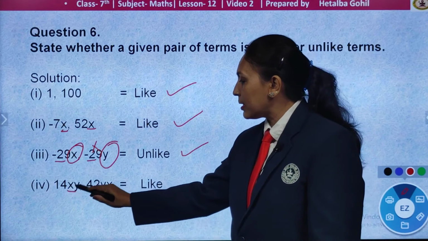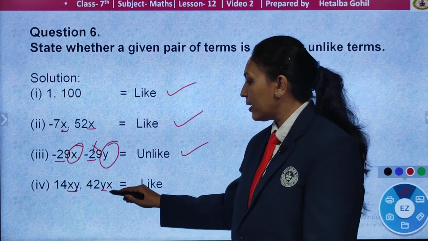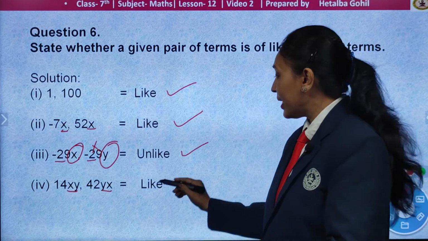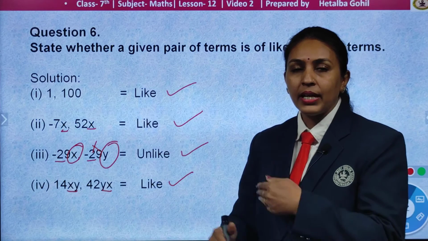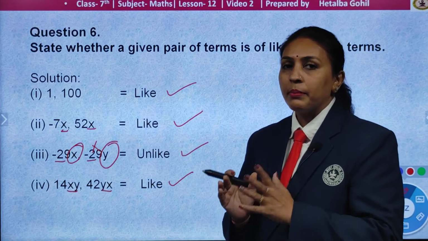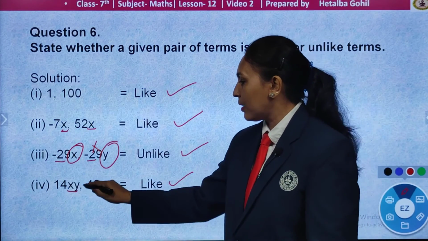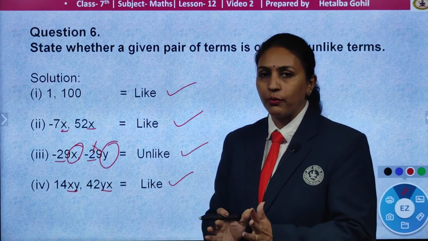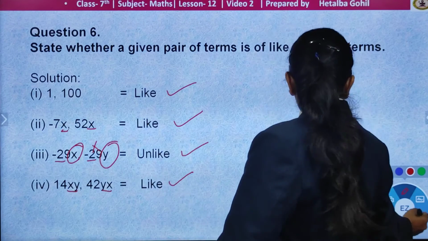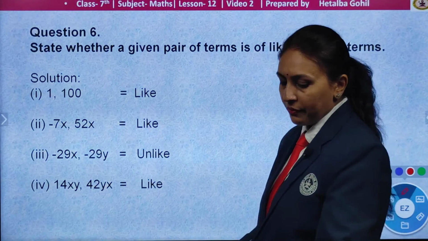Here the variables are xy and here we have yx. Children, it is like term. The order of the variable doesn't matter, whether one is in front and another is at the back. The factors x and y, yx or xy, are one and the same. You don't have to consider the order, just see the factors or the variables.